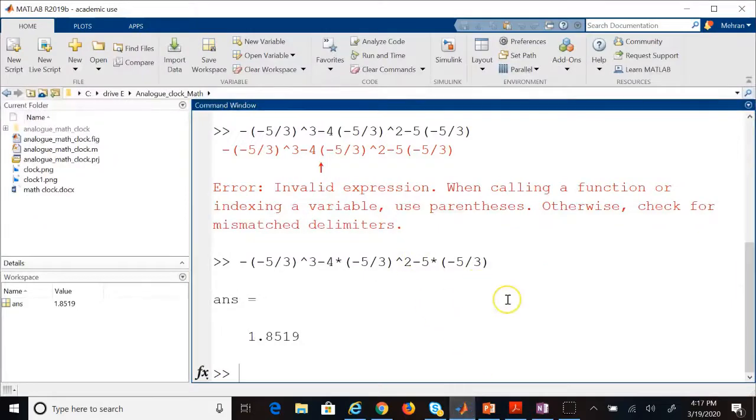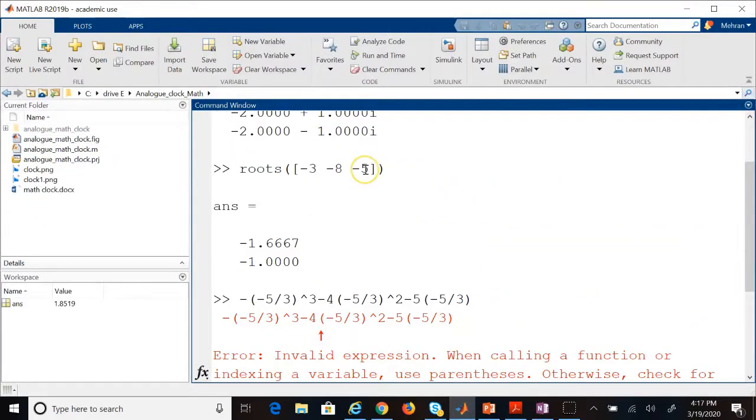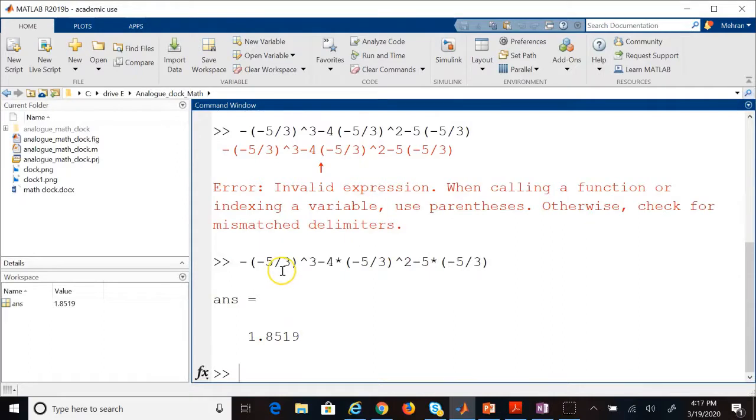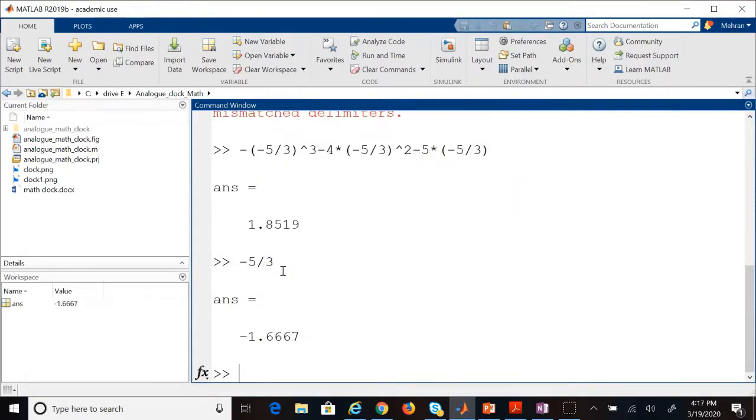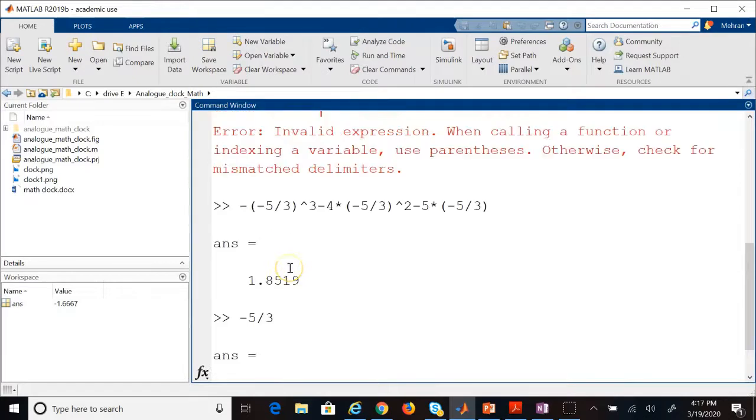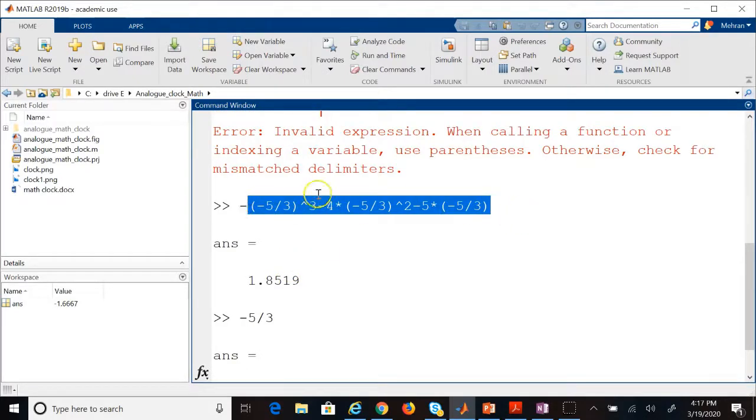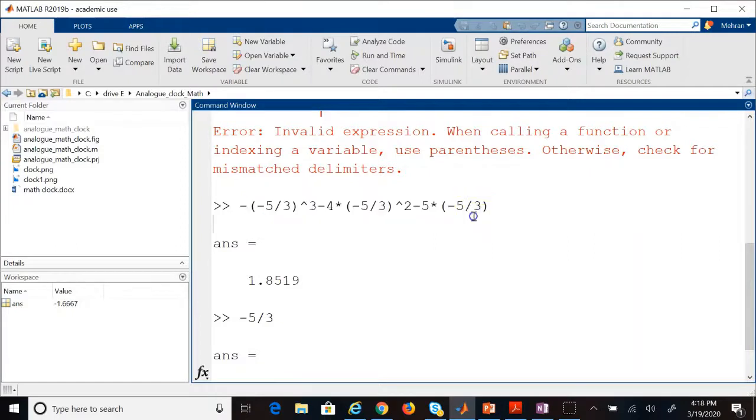Negative 3, negative 8, negative 5, so the roots are correct. This is 2/3, negative 5/3, right? Negative 5/3, that's right, that is our first root. And if I plug it back into the equation for K, it's negative S cubed, negative 4S squared, negative 5 times S, and this is also positive.